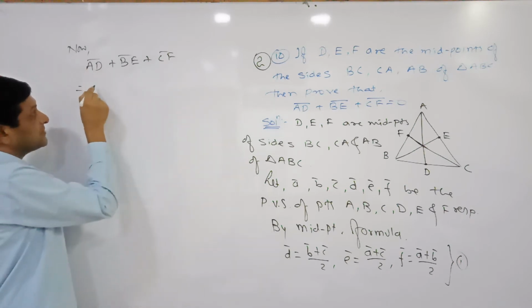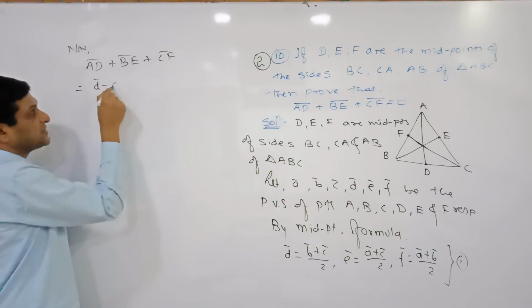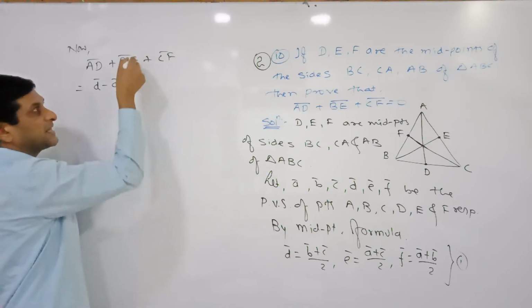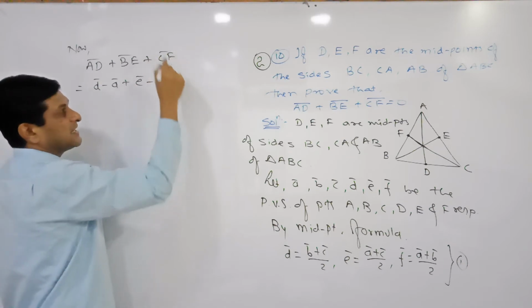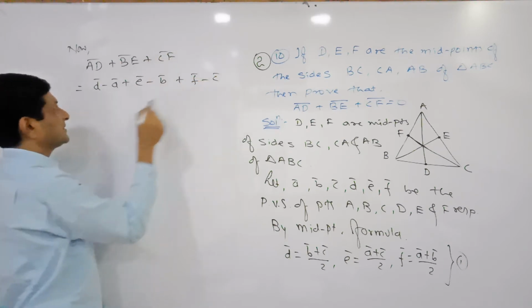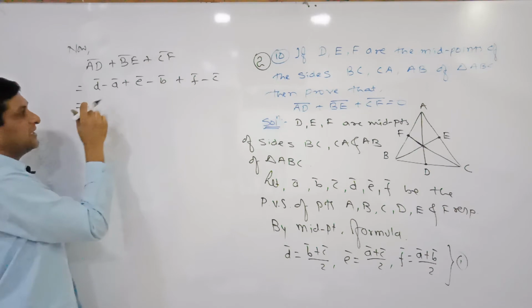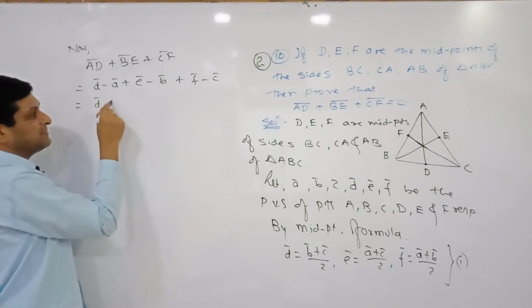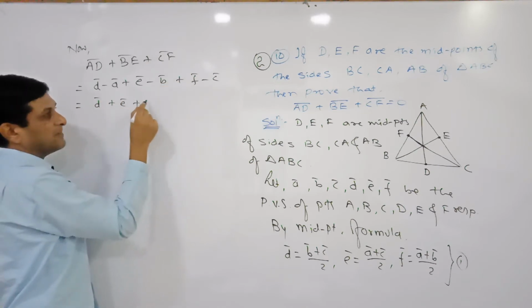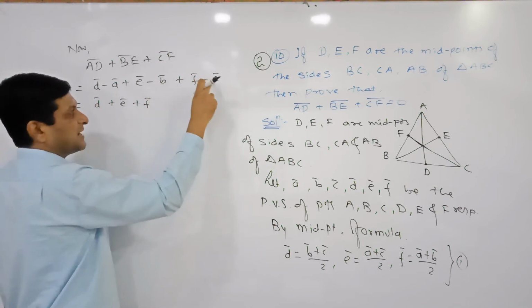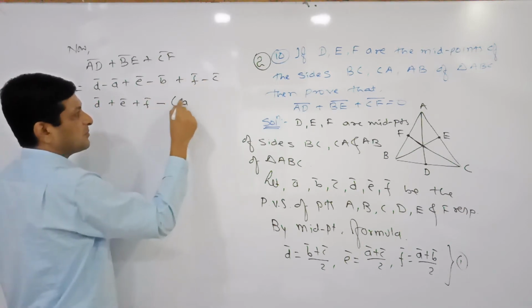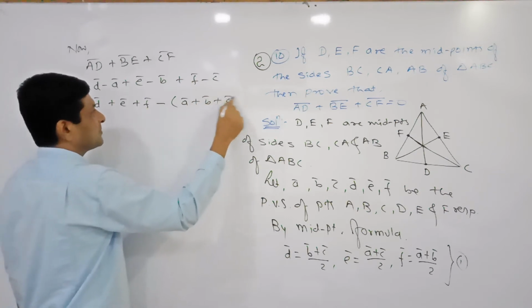AD bar in terms of position vectors can be written as D bar minus A bar, BE bar can be written as E bar minus B bar, and CF bar can be written as F bar minus C bar. Now first collect the positive terms D bar, E bar and F bar, then collect the negative terms: minus A bar, minus B bar, minus C bar. Taking minus common, we get A bar plus B bar plus C bar.